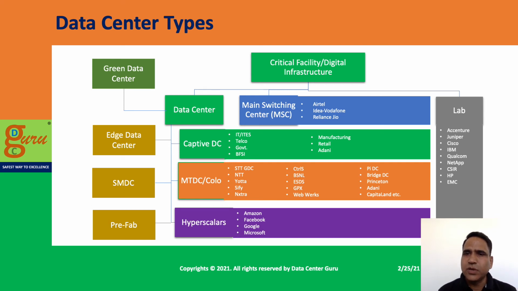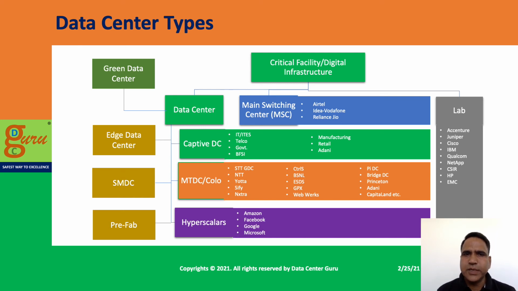That is called a captive data center because I have invested the capital cost and also bear the OPEX, or operating cost, for the data center. These captive data centers exist across IT/ITES, telcos, government, BFSI; all of these have their own data centers.